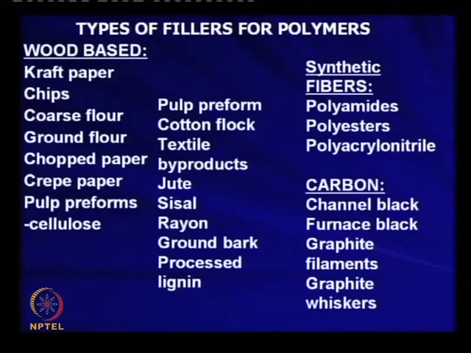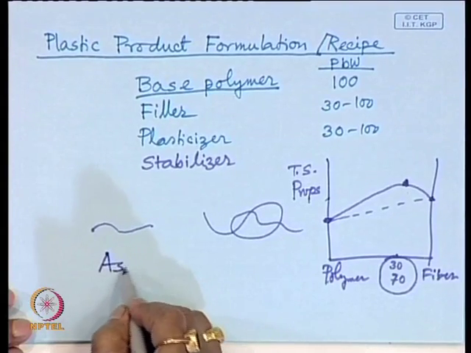Okay. Then graphite filaments, graphite whiskers. Whiskers are single crystalline materials, short fibers, single crystalline fibers having high aspect ratio. Aspect ratio, you know what is aspect ratio?